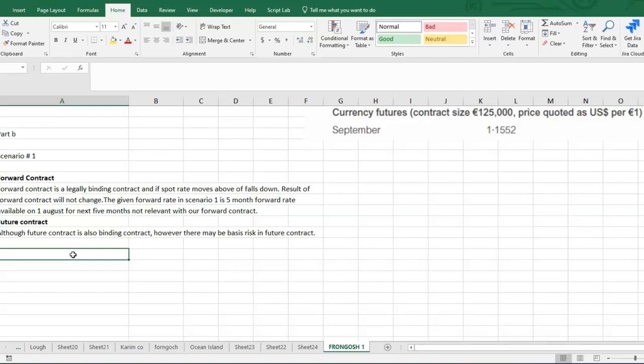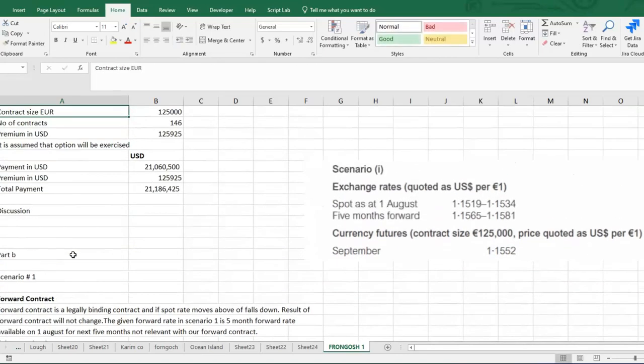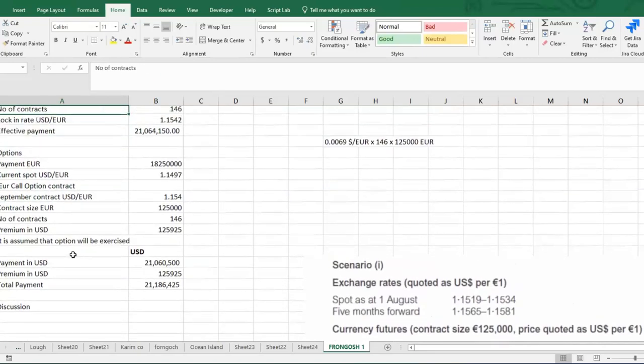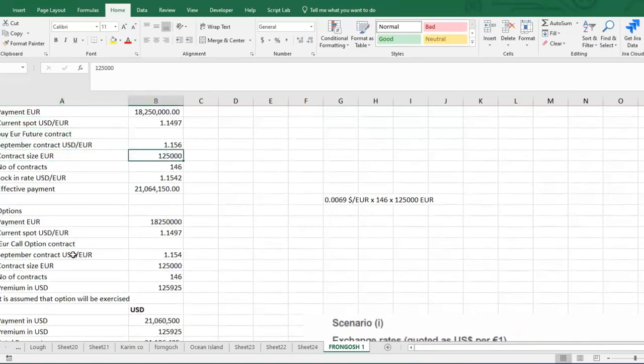We have entered into a contract, opening future USD over Euro. What was the price? 1.1560, guys.